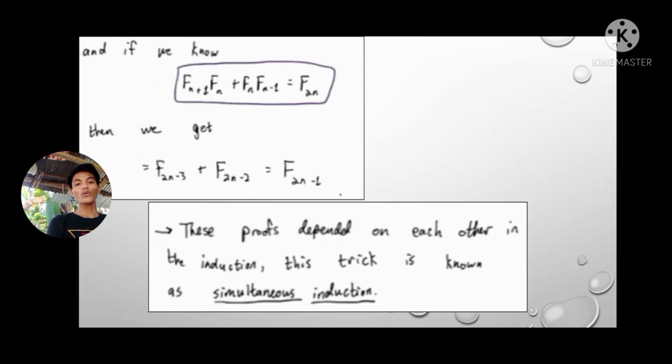As we know, f sub n plus 1 multiplied by f sub n plus f sub n multiplied by f sub n minus 1 is equal to f sub 2n. Then we get f sub 2n minus 3 plus f sub 2n minus 2 is equal to f sub 2n minus 1.